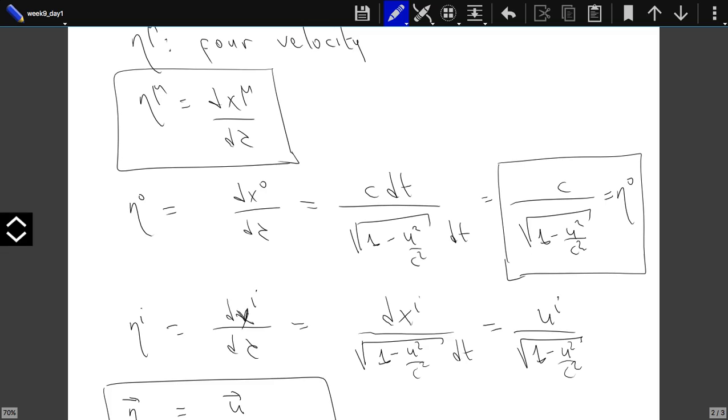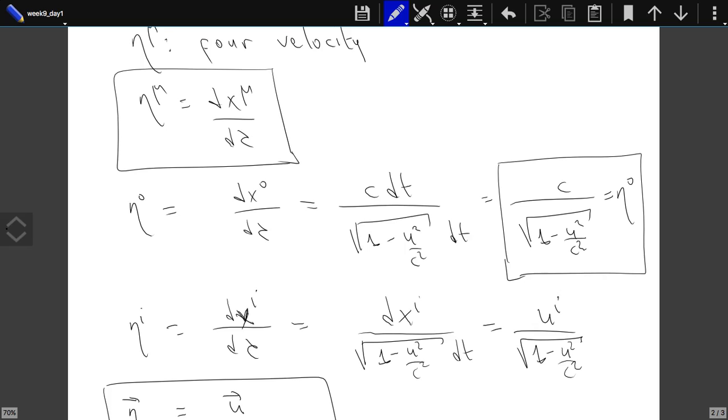If I look at the 0 component, dx0 by d tau, dx0 by definition is just c times dt, dt being the time change that I am measuring. d tau is just this combination over here. So I obtain that eta 0 is related to the speed through this relation.